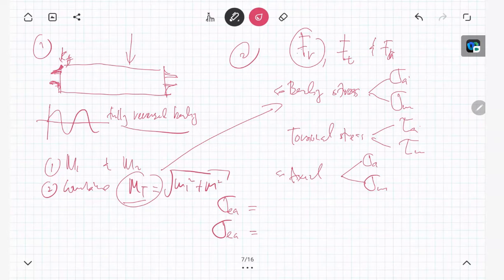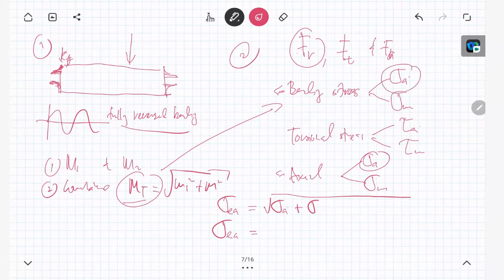For the alternating stress, kita gunakan distortion energy theory. Yang kita ada sigma axial, this one axial, plus sigma bending.